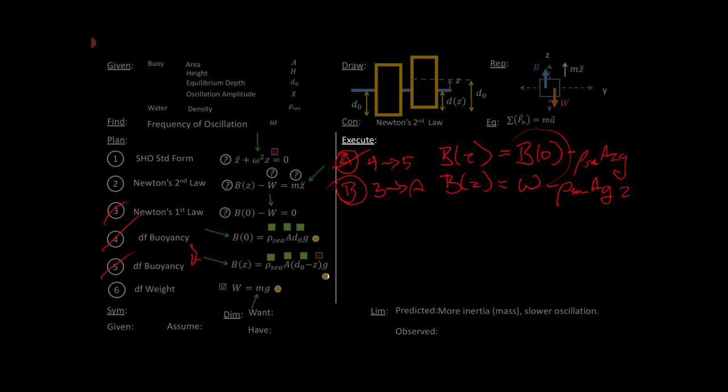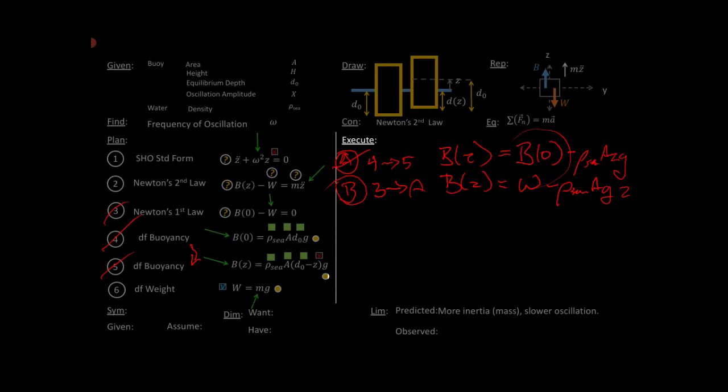You don't have to mark off the ones you use, but it's helpful, right? It's helpful because you need to use all of the equations in your plan, and you need to use all of the equations in your execution. If you don't use it later on, it's either the last thing you've done, in which case it's the answer, then you're fine, or it's something you didn't have to do. It's something that wasn't part of the problem. So we're fine with that.